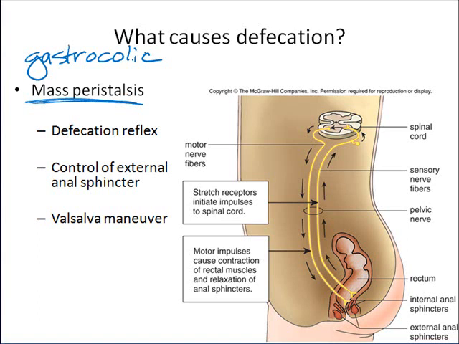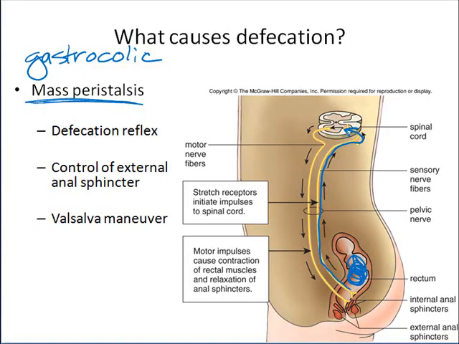When that food residue gets into the rectum, it causes the rectum to stretch. There are mechanoreceptors in the rectum that send signals indicating that stretching sensation. They send signals off to the spinal cord.